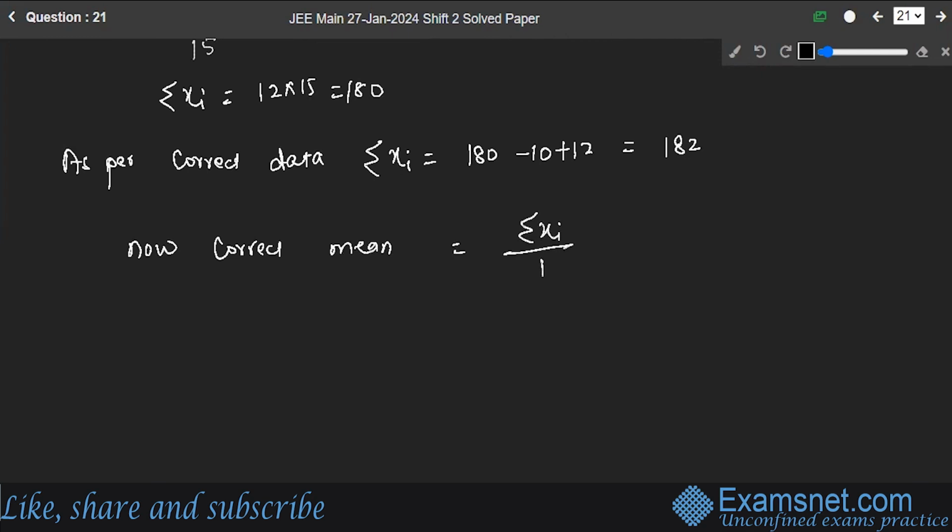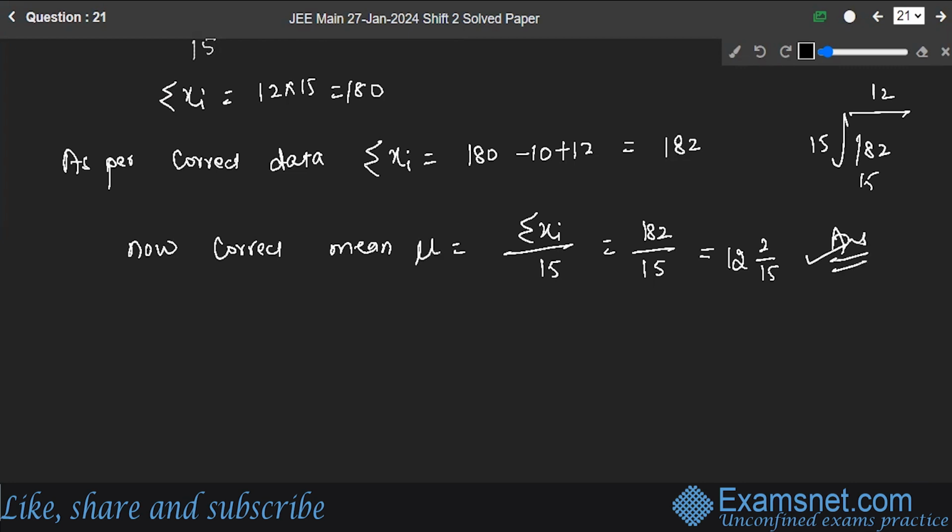This is 182 upon 15, that is equal to 12 and 2 upon 15. This is the correct mean. This is the first answer, mu.